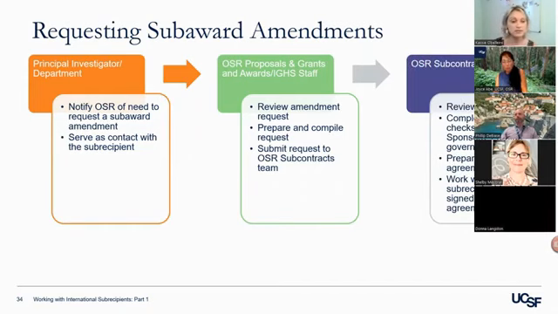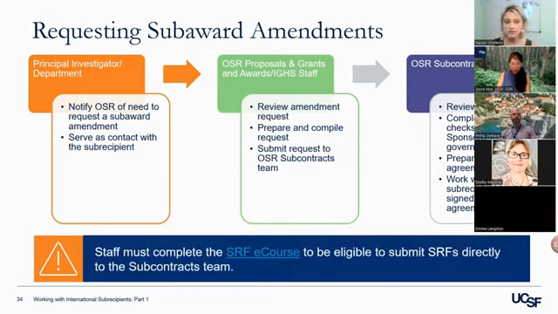They'll again complete those compliance checks, and they'll work on getting that amendment agreement prepared and signed with the subrecipient. Again, even if you're doing an amendment request, anytime you are the person completing and submitting that SRF to the OSR subcontracts team, you must have completed the SRF e-course.